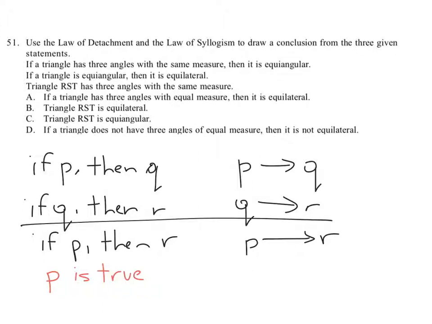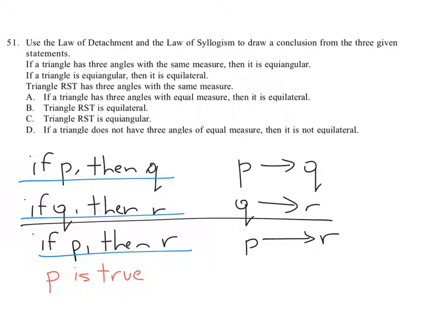So what can you do when you have both law of detachment and law of syllogism together? Well, if it fits all the parameters, an if P then Q statement and then an if Q then R statement, allowing you to come up with an if P then R statement, and then you're told that the conditional of that new one through law of syllogism is the case.